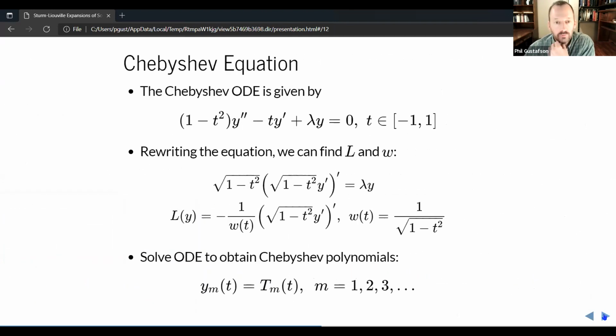Another common Sturm-Liouville problem in a course of this type would be the Chebyshev equation, which you see here. And the solutions to the ODE, or the eigenvalue problem, are the classic Chebyshev polynomials.